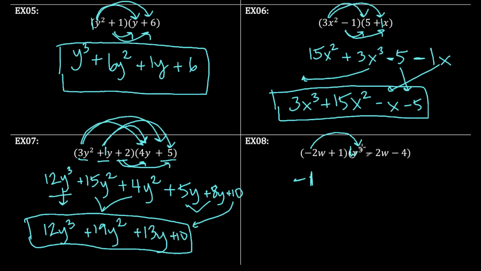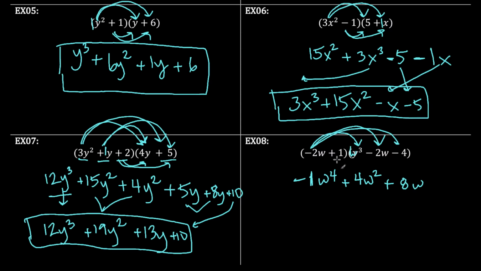W times w to the third is w to the fourth. A negative times a negative is a positive 4w to the second. A negative times a negative is a positive 8w.